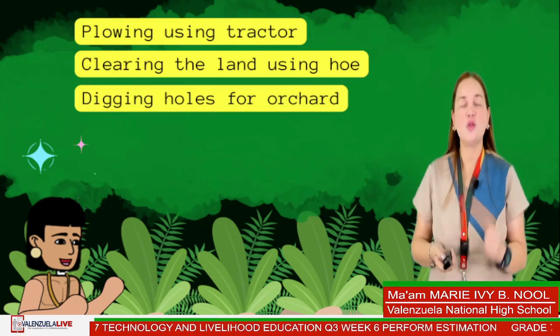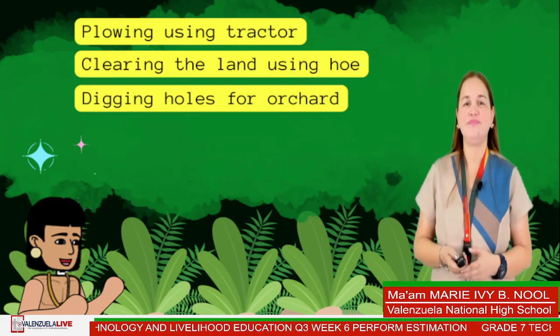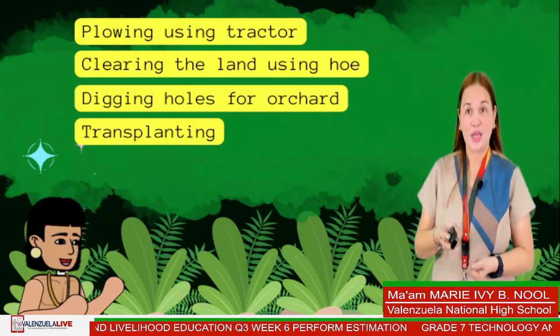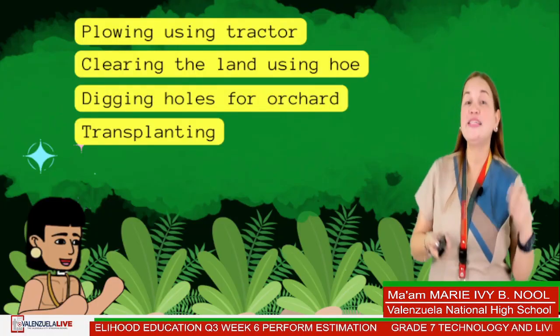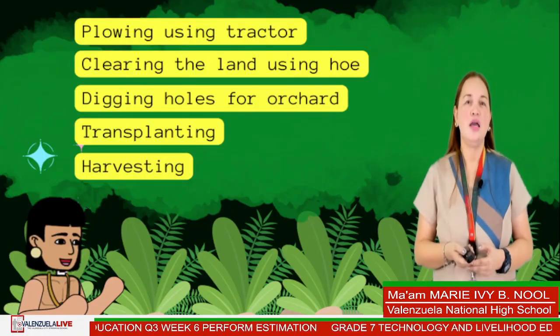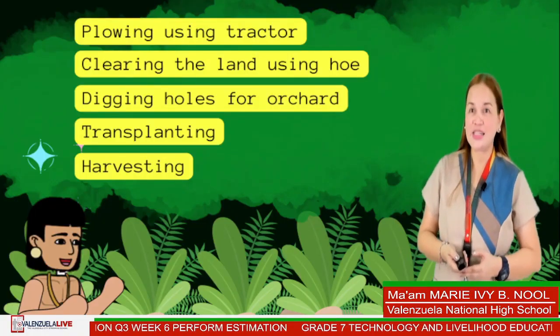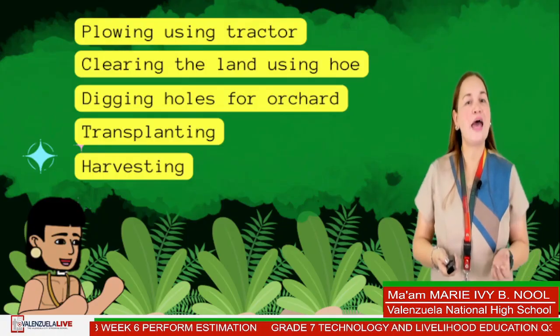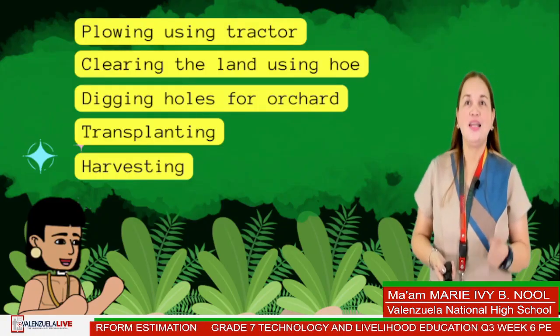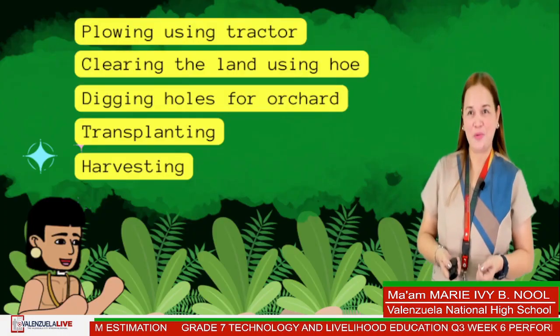These are examples of land preparation. Another is transplanting. It is one example of land requirements in planting. Next is harvesting. It is one example of land requirement for plant care. Now, let us discuss them one by one.